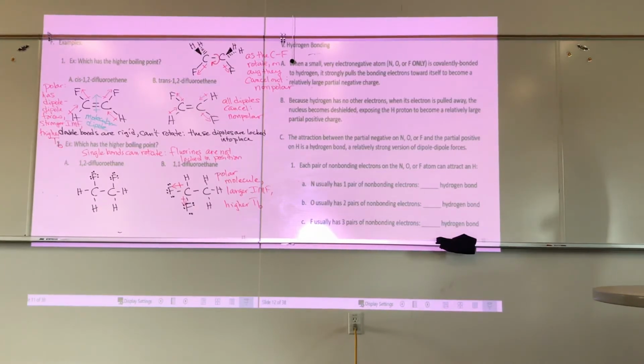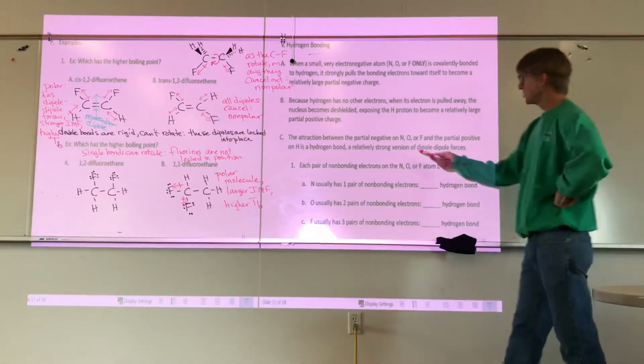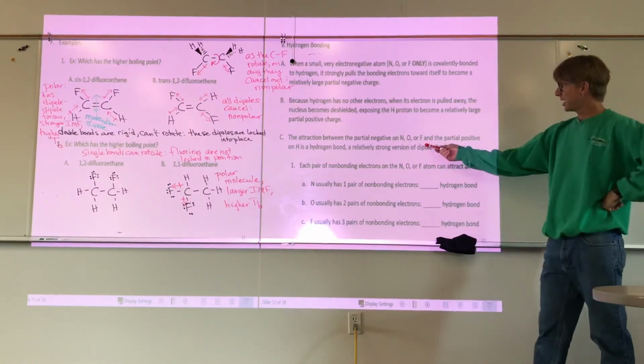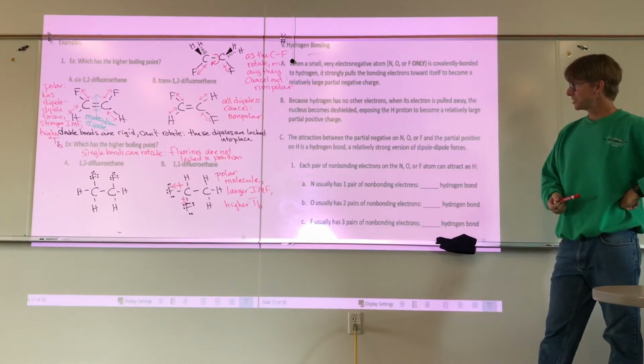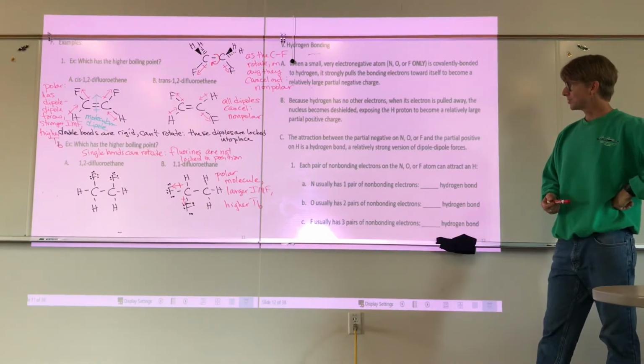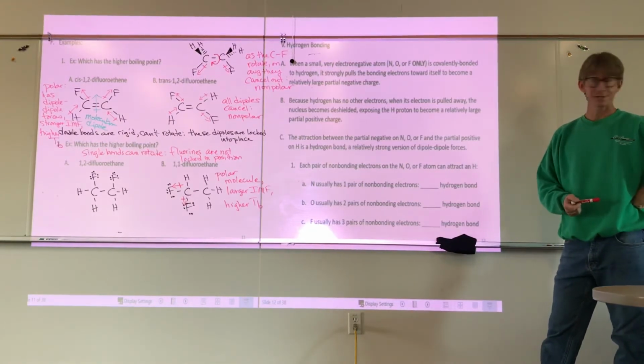Because hydrogen has no other electrons, when its electron is pulled away, the nucleus becomes deshielded, exposing the hydrogen proton to become a relatively large partial positive charge. Still just large dipole-dipole forces. The attraction between the partial negative on N, O, or F and the partial positive on H is a hydrogen bond, a relatively strong version of dipole-dipole forces.